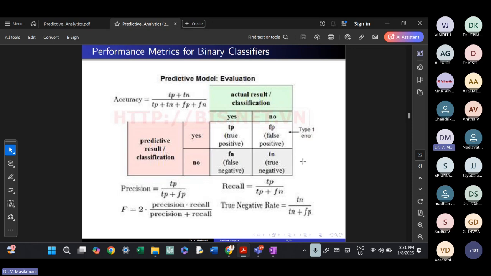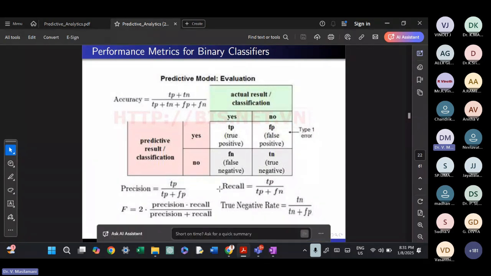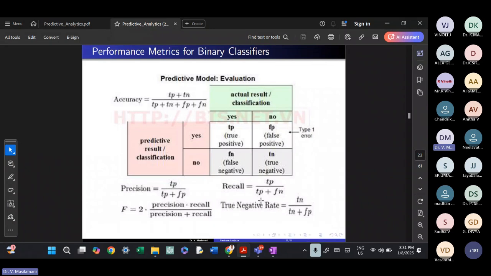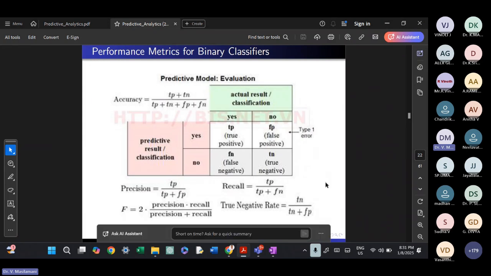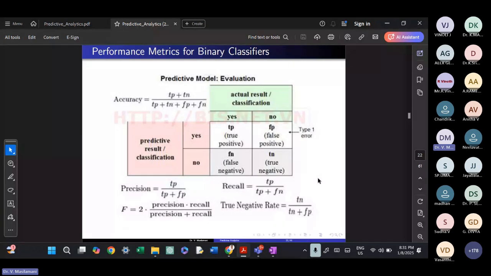Right. And based on these four values in the confusion matrix, we define other metrics like precision, recall, F1 score, and all that. For instance, precision means true positive divided by true positive plus false positive, and recall is true positive divided by true positive plus false negative, and so on. And why are all these measures essential, and not one sufficient? For some applications, precision itself is good enough.